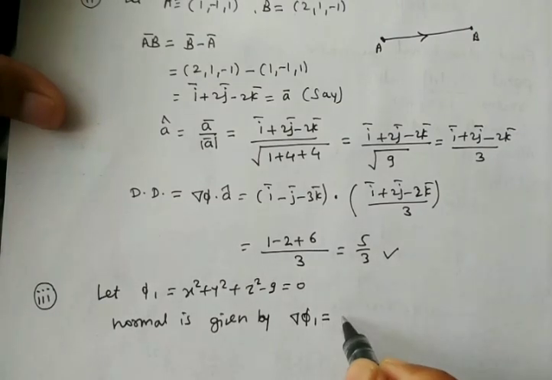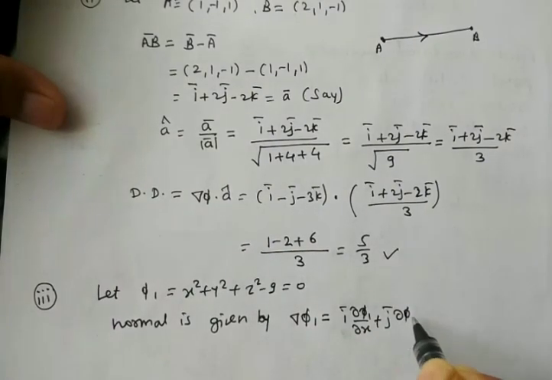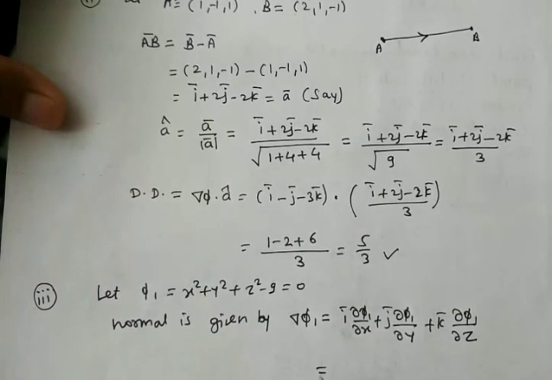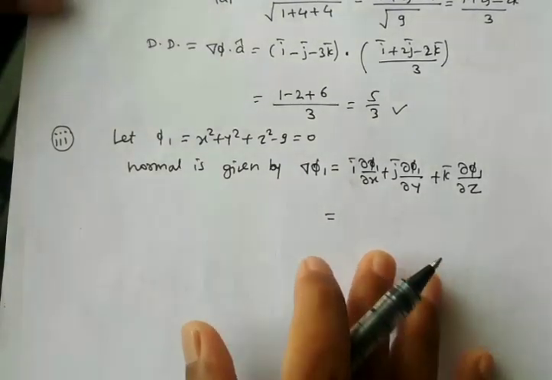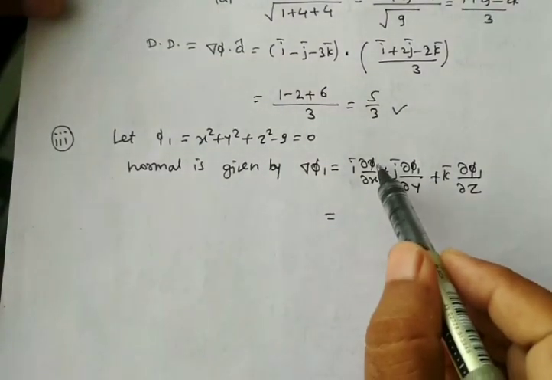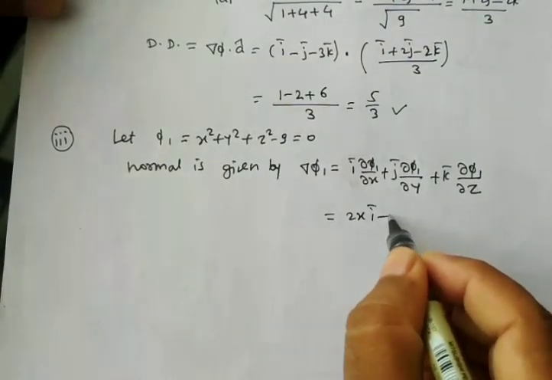So del phi 1 is I bar into del phi 1 by del x plus j bar into del phi 1 by del y plus k bar into del phi 1 by del z. This is equal to, now del phi 1 by del x, that is the derivative of phi 1 with respect to x, that is 2x into I bar.